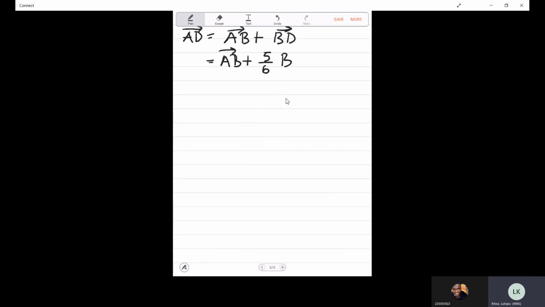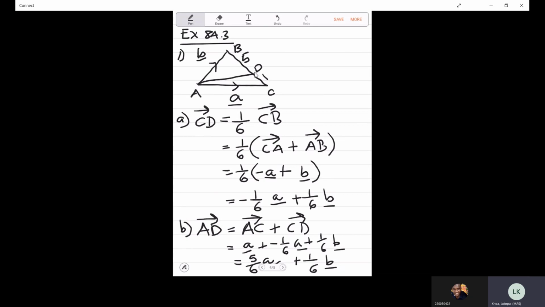Just the BC. Okay, that's what I know from the diagram. So this BD is 5 over 6 of the vector from B to C. Okay, and B to C, how do I get from B to C? I must go from B to A and then from A to C.